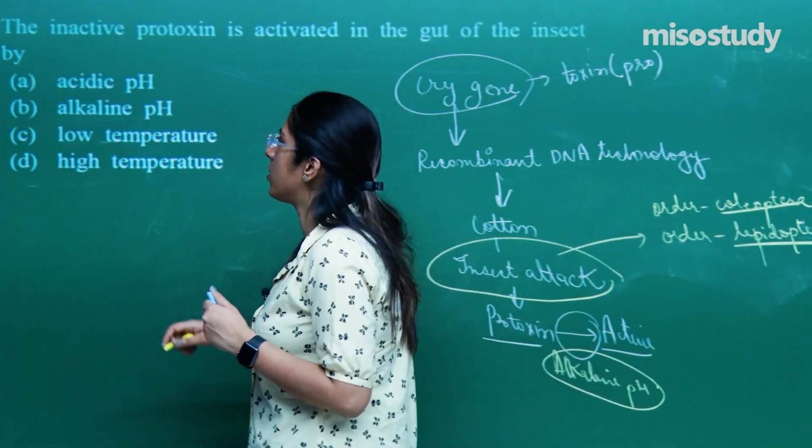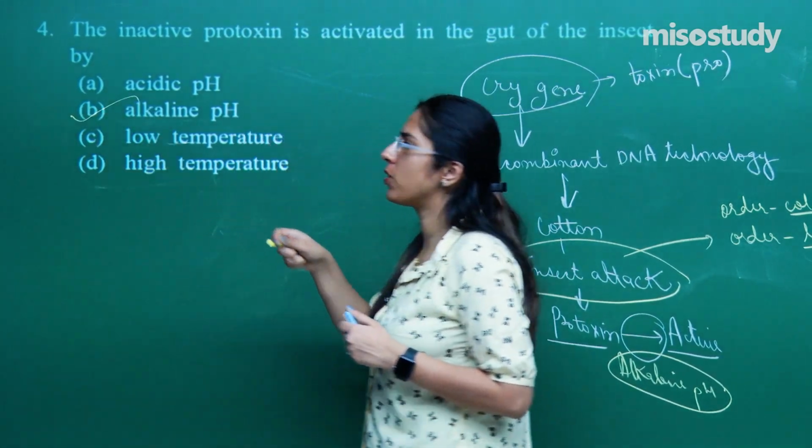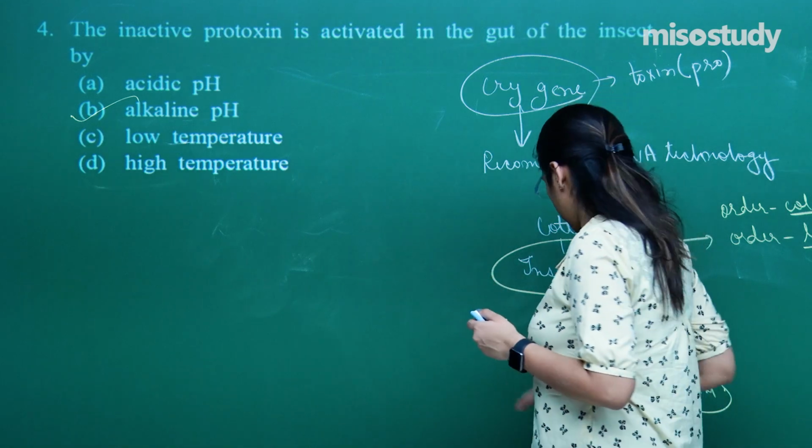So the correct option is alkaline pH, that is option B for question number 4.